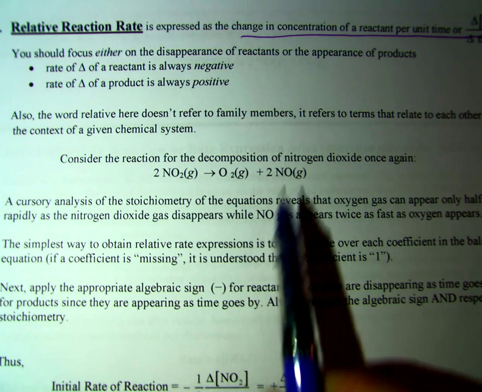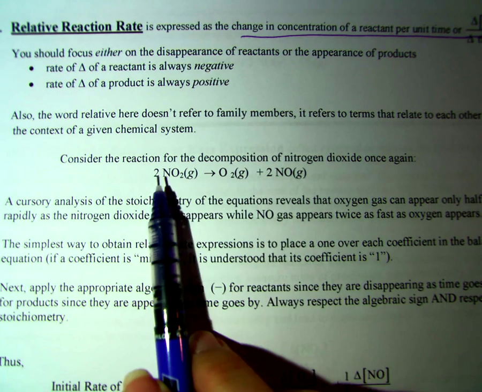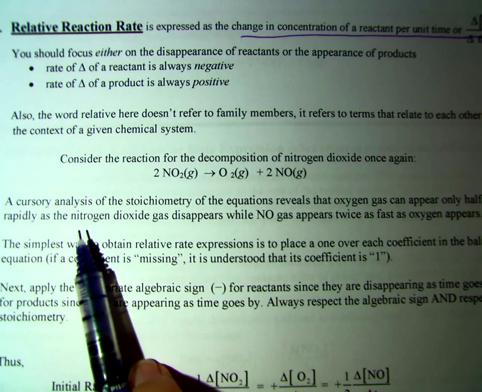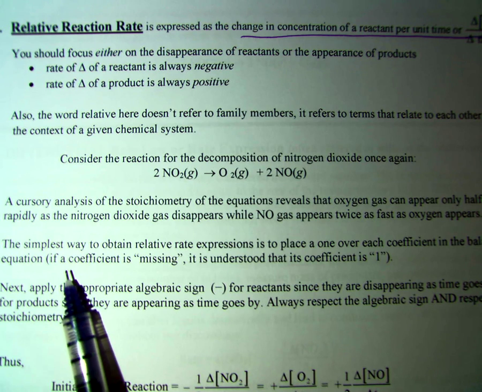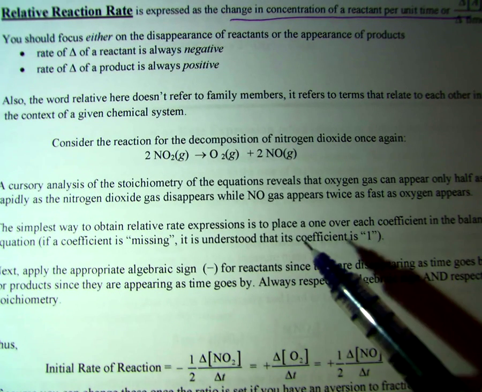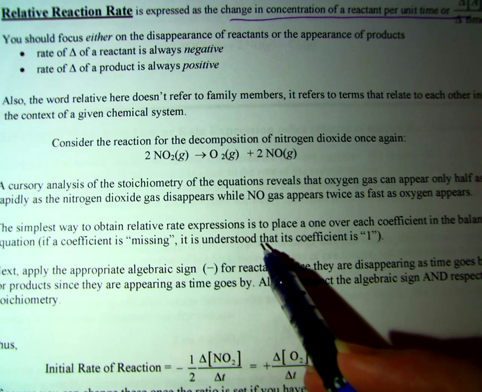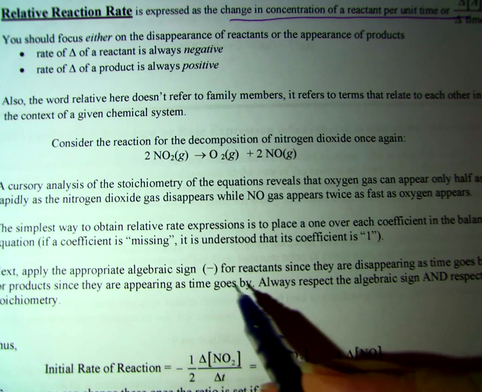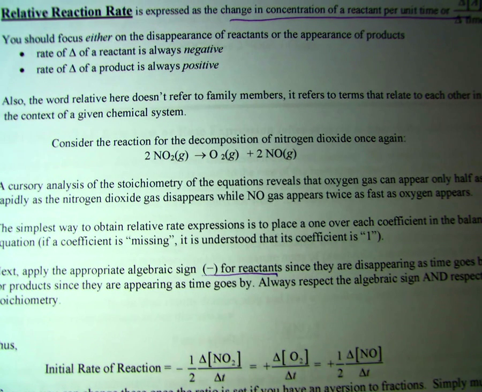So there's 2 moles of NO to 1 mole of O2. Be sure to keep in mind what your algebraic signs are going to be, that they're going to be negative for the reactant because they're disappearing, and positive for the products because they are appearing.